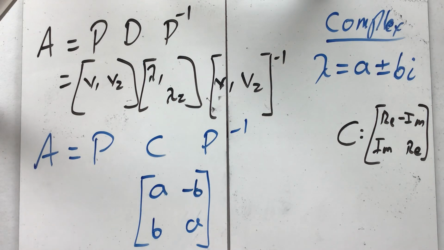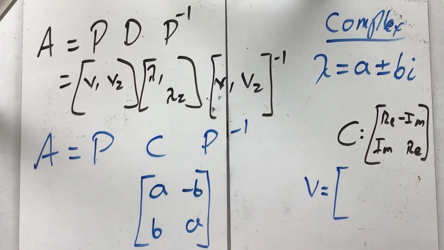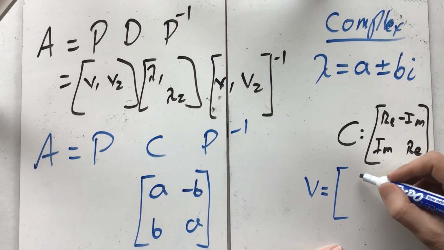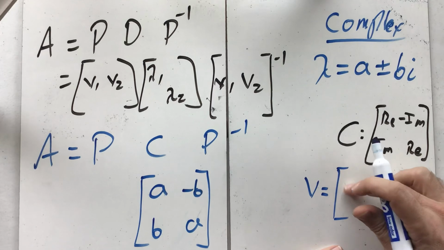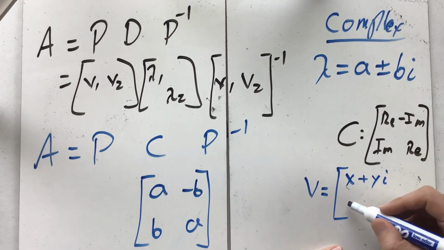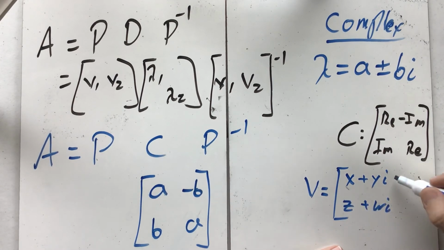Okay, but if those are our eigenvalues, then our eigenvectors are always going to look something like this. We don't know what they are. They're going to have real and imaginary parts. So let's just do x plus yi, z plus wi.